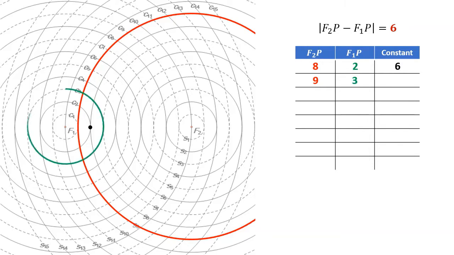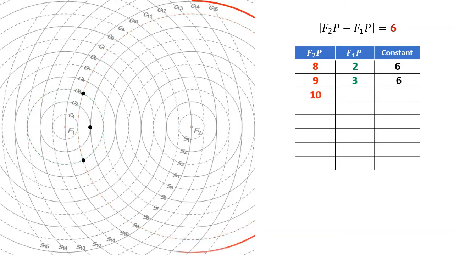So those 2 points are 9 away from F2 and 3 away from F1, and so those 2 points are on our hyperbola.